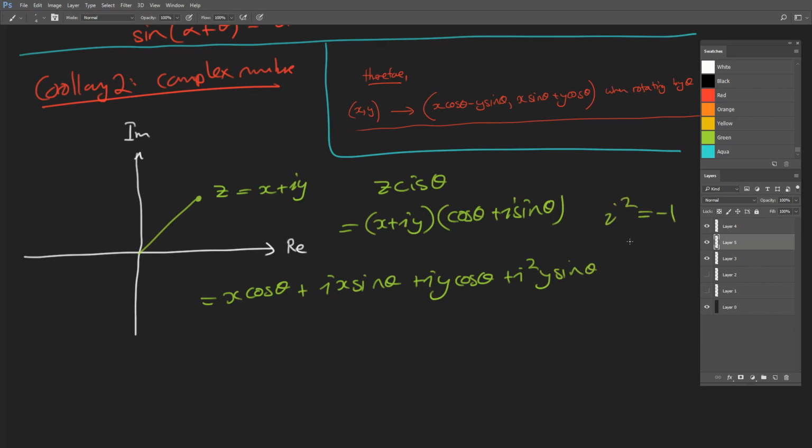But remember, i squared equals -1. So this is just going to be a minus y sine theta. So now we can collect the real and imaginary parts. So I'll do the real parts in red, and I'll put the imaginary parts in yellow.